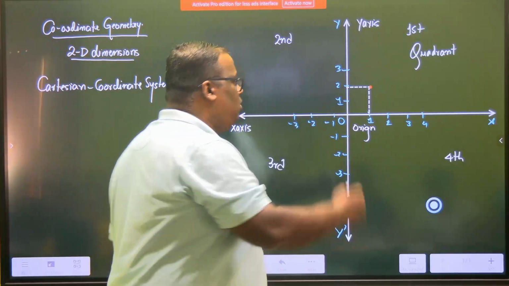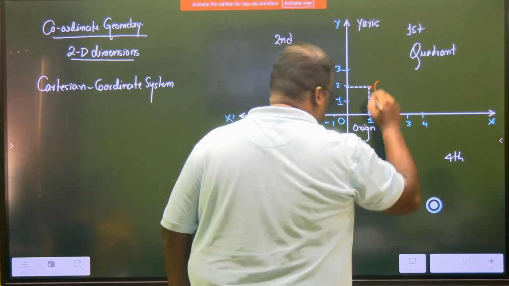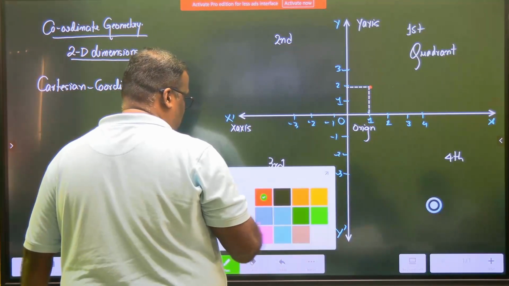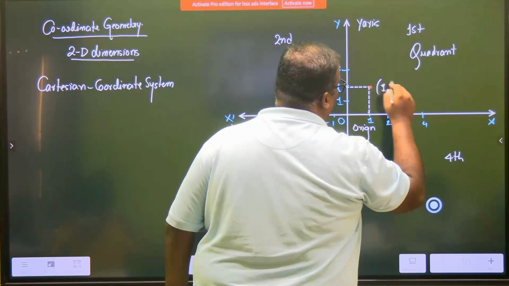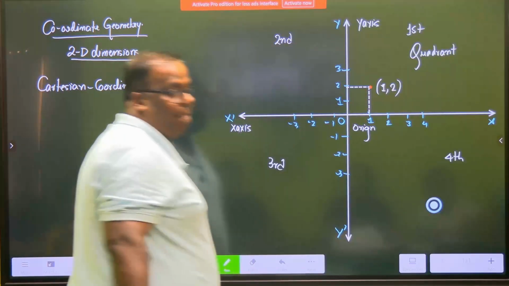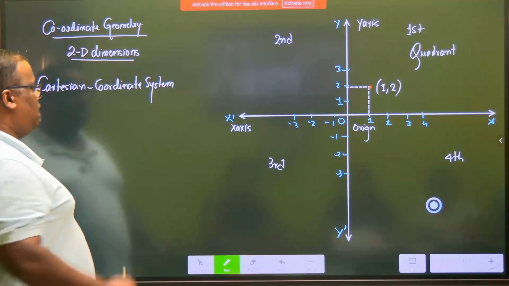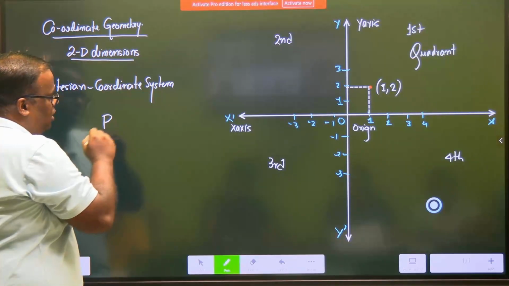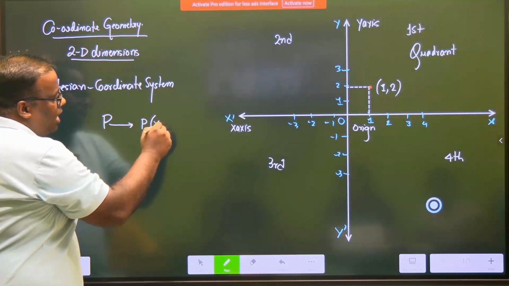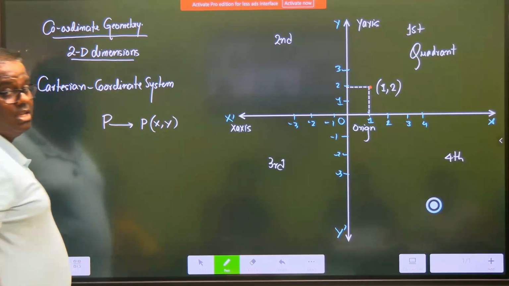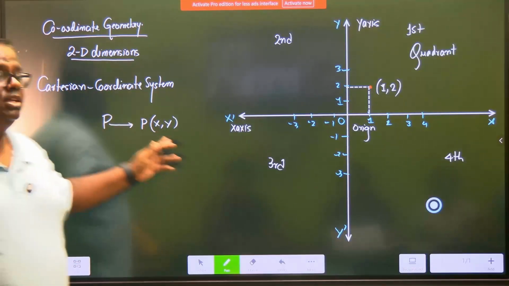That x value is written first. So on x it is pointing how much, beta? On x it is on 1 and on y it is on 2. So any point P can be represented as P(x, y), where x is its x coordinate, y is its y coordinate.